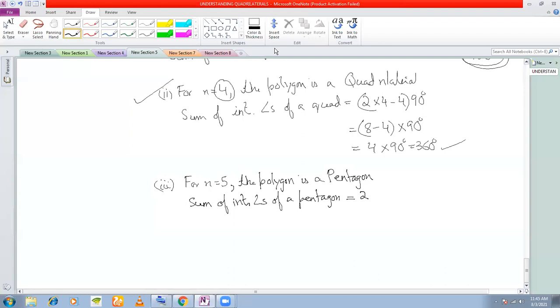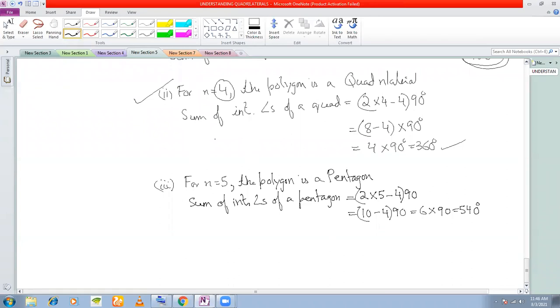So (2n minus 4) into 90, which is (2 into 5 minus 4) into 90, which is equal to (10 minus 4) into 90, which is equal to 6 into 90, which is equal to 540 degrees. This is the sum of interior angles of a pentagon.